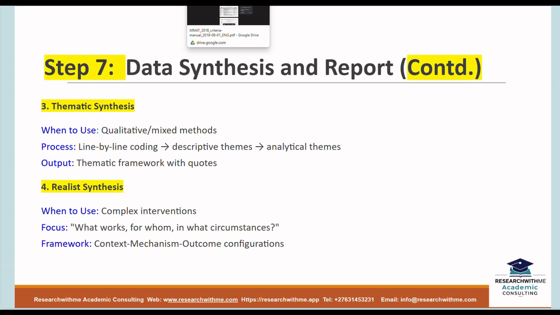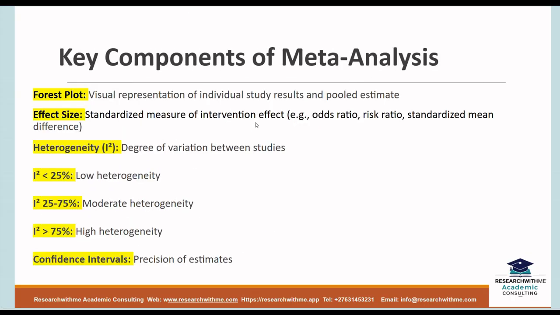The framework is always context, mechanism, outcome configuration, meaning that in this context, how does this mechanism, which is the policy, work in the higher institutional context, in basic education, and at the middle level? So this is how it works basically.